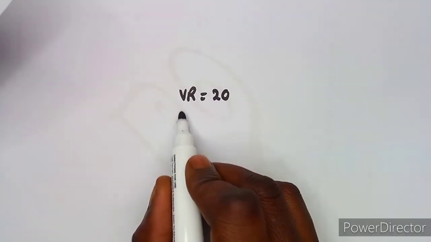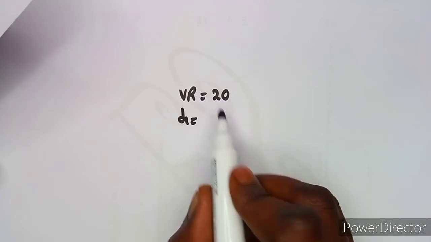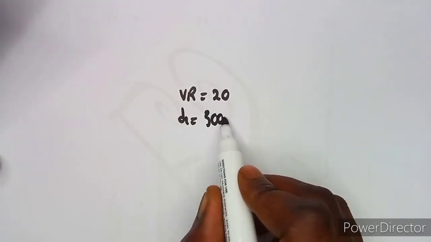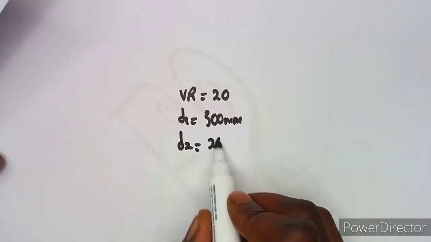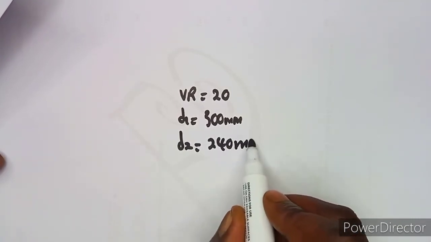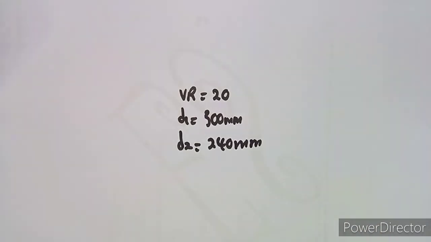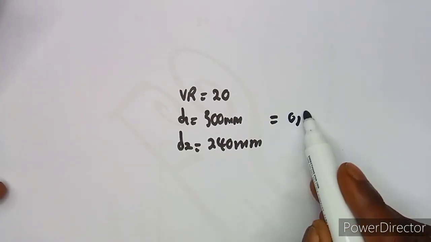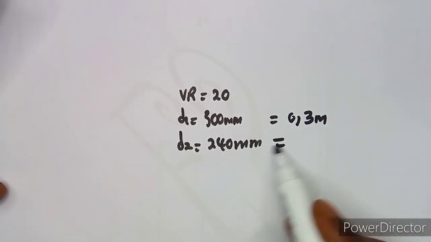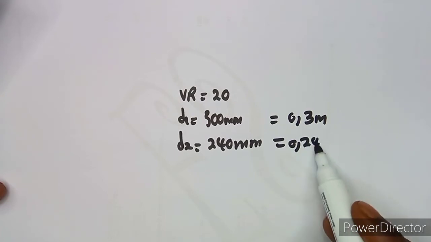Then we are given D1 in millimeters, which is 300 millimeters. We can just leave it in millimeters, or you can convert to meters. I'm just going to write both: 0.3 meters here and 0.24 meters.